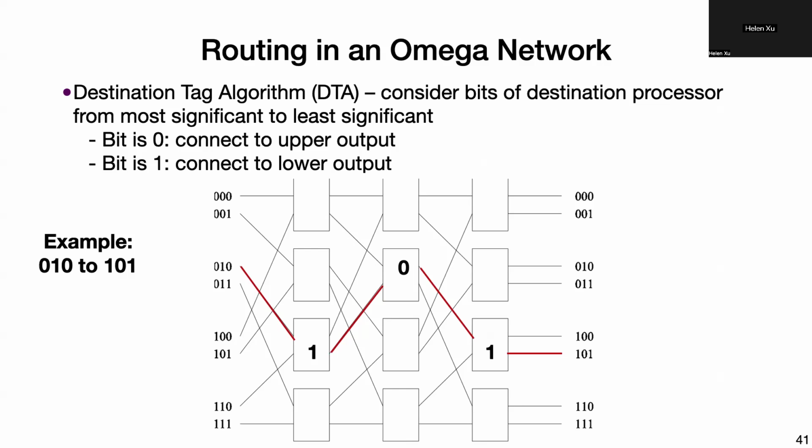Yeah. So that's cool because it is only dependent on the destination bit string, and it doesn't depend on the initial one, except for the fact that it needed to come out of the initial wire, and we know where that was. Yeah, so let's take another example.